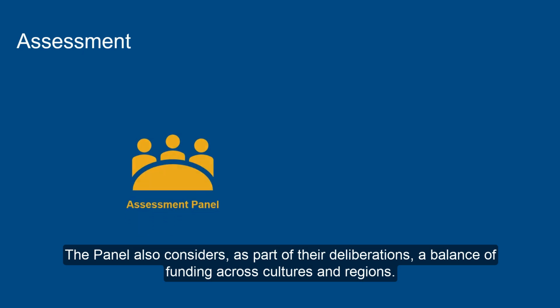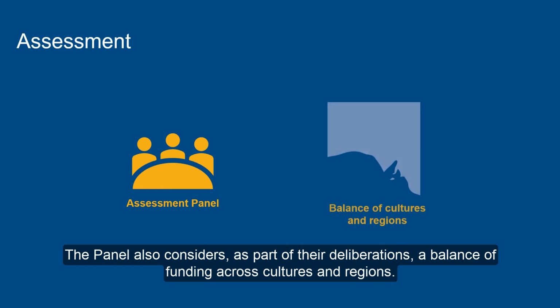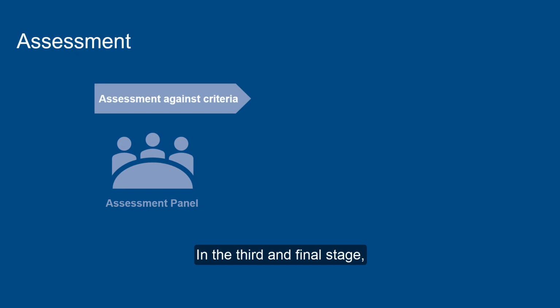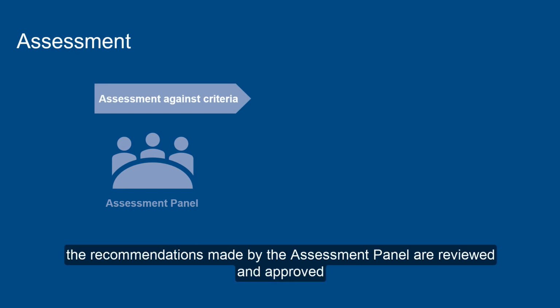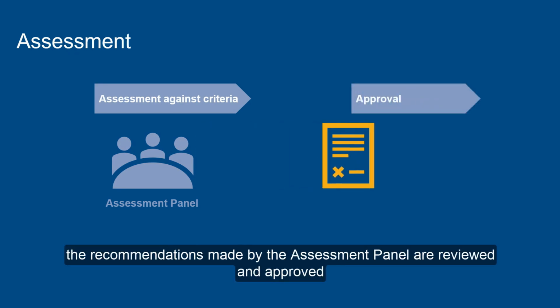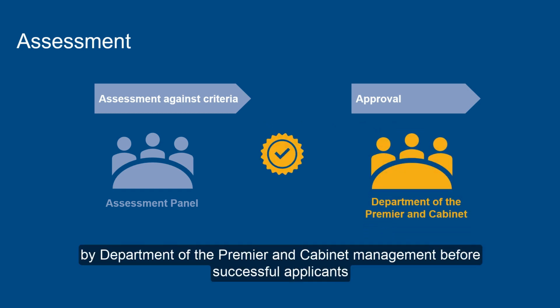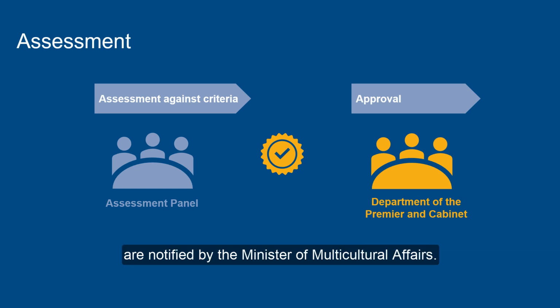The panel also considers, as part of their deliberations, a balance of funding across cultures and regions. In the third and final stage, the recommendations made by the assessment panel are reviewed and approved by Department of the Premier and Cabinet Management before successful applicants are notified by the Minister of Multicultural Affairs.